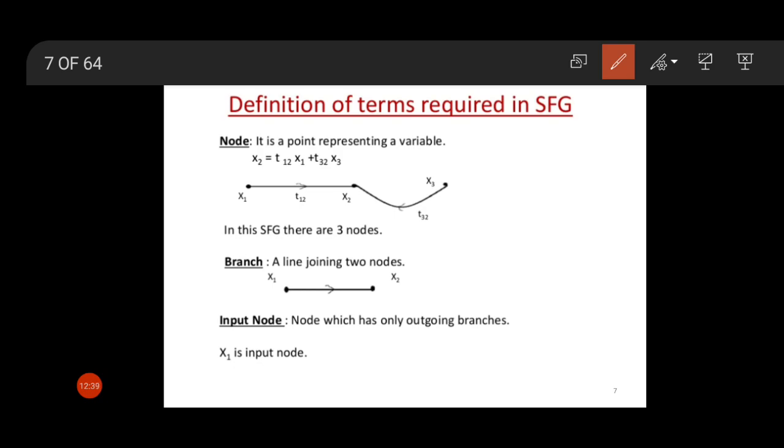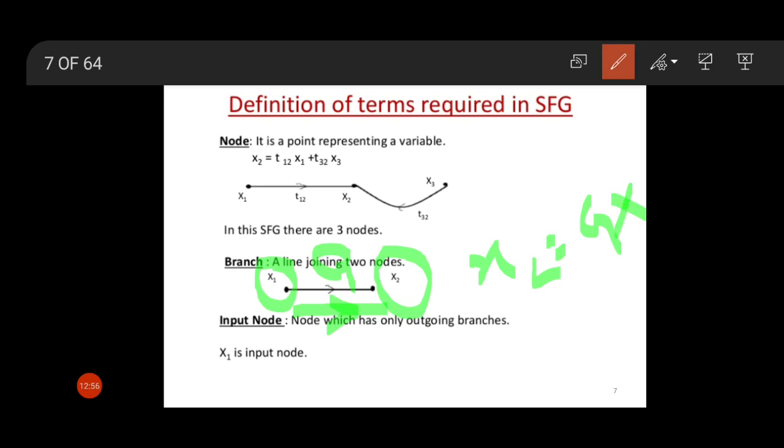If x1 and x2 are two nodes, these two nodes are connected by this branch. If we put a gain or transmittance here like G, then x2 equal to G into x1. Basically, a branch indicates where two nodes are connected.